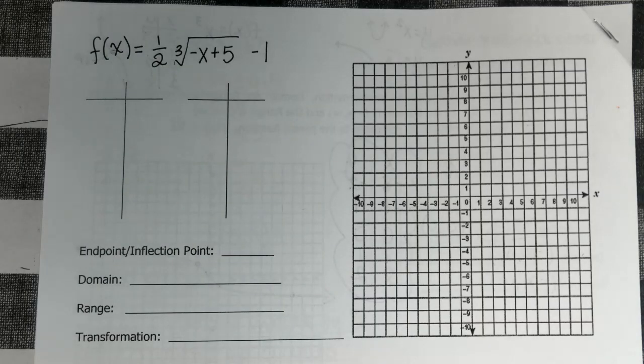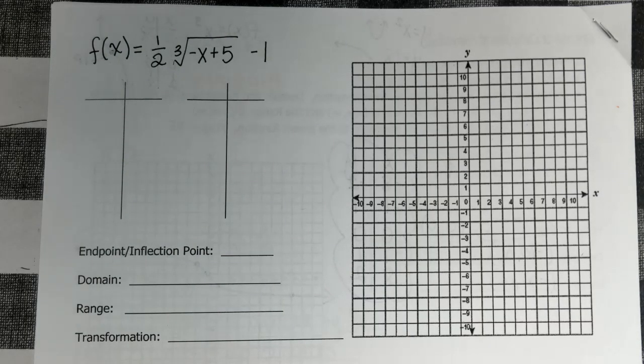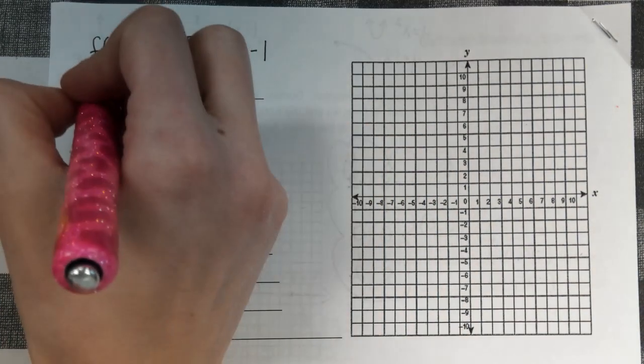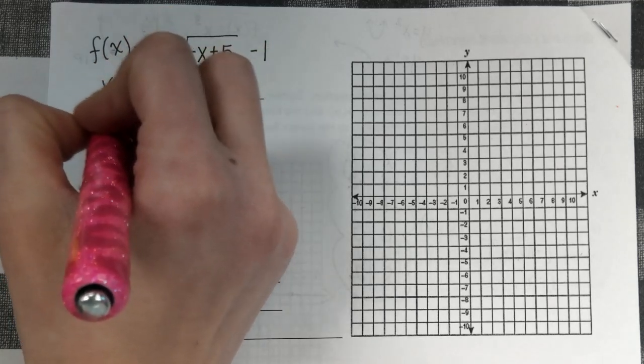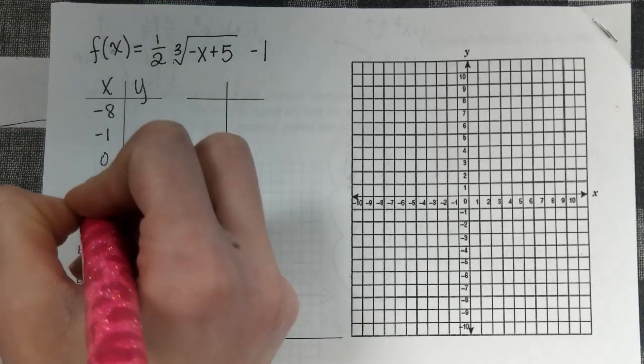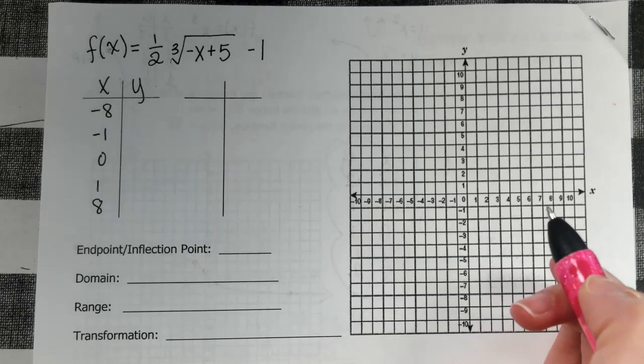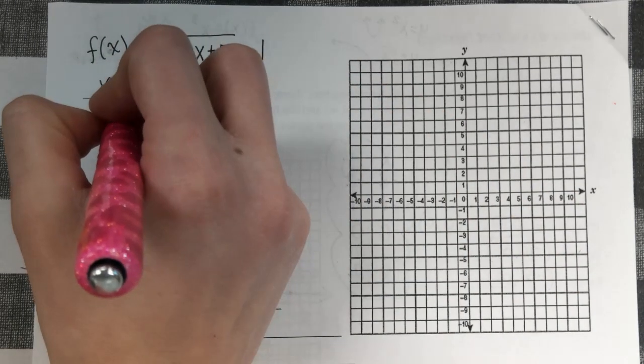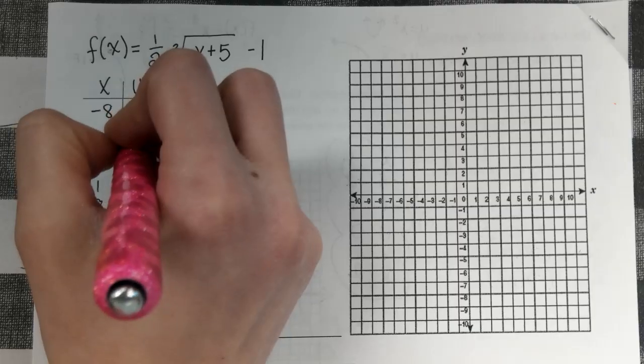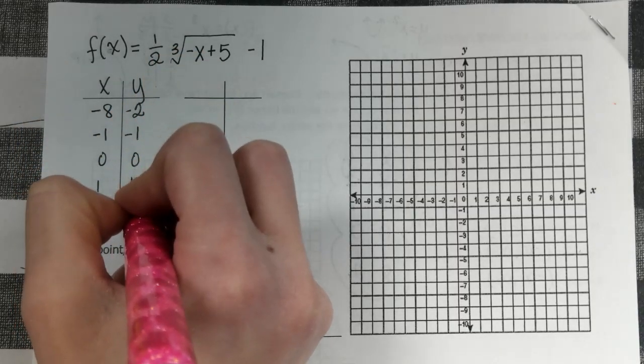Can the x be negative? So we still have to recognize it's a cube root. So it's still gonna be my parent function, -8, -1, 0, 1, 8. And my y, -2, -1, 0, 1, 2.